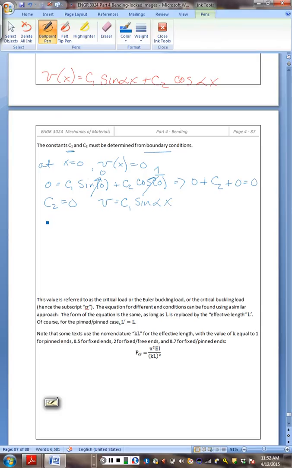We know the other boundary condition is that at x equals L, we know that v of x has to equal 0. So therefore 0 equals C1 sine of alpha times L this time. So this C1 sine alpha L term, there are a number of ways to make this equal 0.